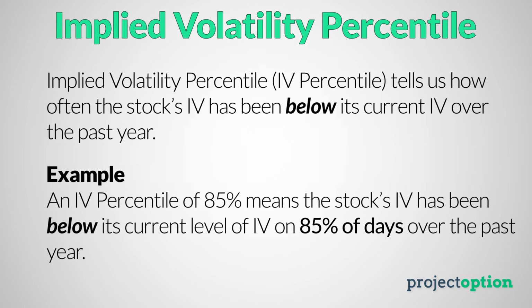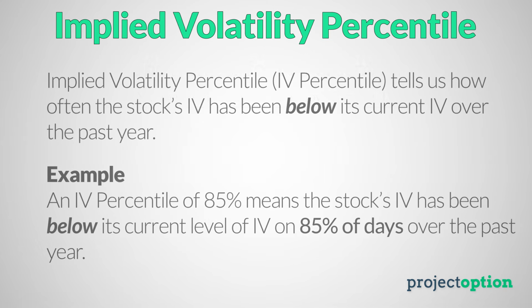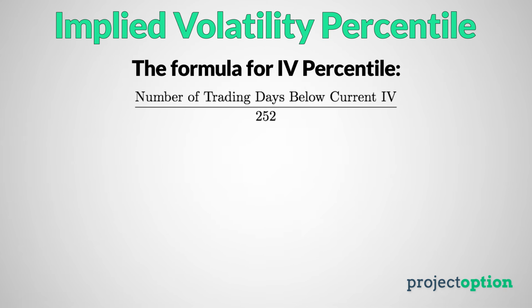For example, an IV percentile of 85% would mean that the stock's implied volatility has been below the current level of implied volatility 85% of the time over the past year. The formula for IV percentile is the number of trading days with implied volatility below the current implied volatility divided by 252, since there are 252 trading days in a year.